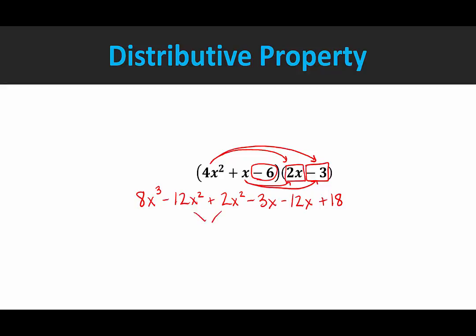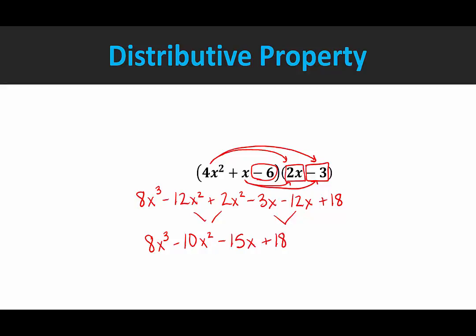This is convenient, my x squareds are together. 8x cubed stays the same. Negative 12 plus 2 is negative 10x squared. And then here's my other like terms. Negative 3x and negative 12x is negative 15x, and then plus 18 on the end.